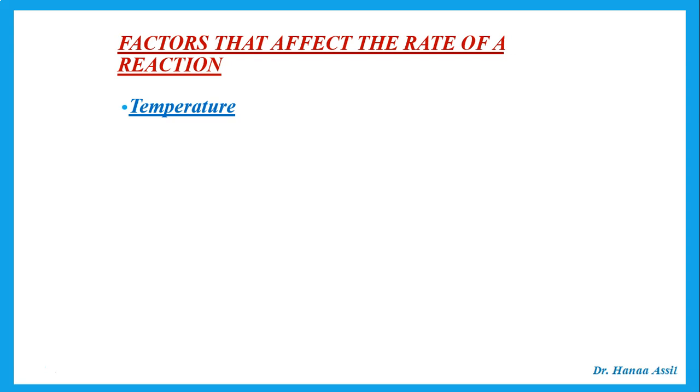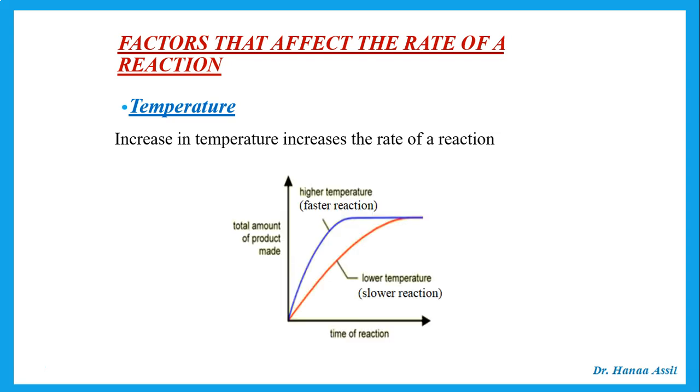What are the factors that affect the rate of a reaction? Remember, temperature. If I increase the temperature, it increases the rate of the reaction. So if we're drawing a graph and we have for a lower temperature, that's the red graph. If we're told to draw a graph for higher temperature, that means faster reaction, then it is a steeper slope.